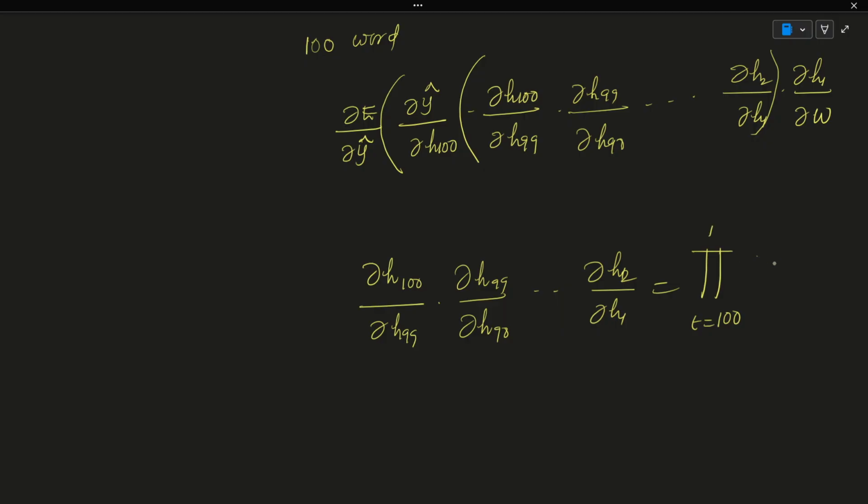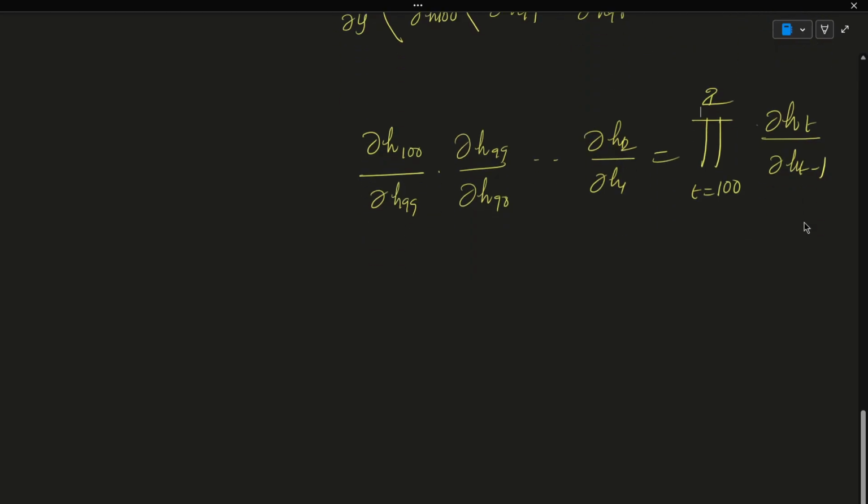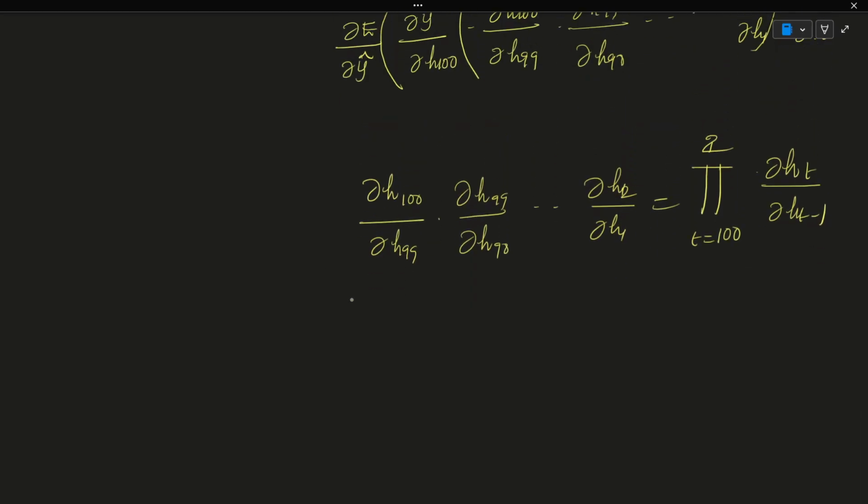It is a multiplication of ∂h_t by ∂h_{t-1}. So how do we calculate this h? What does h contain? What is the equation for h_t?